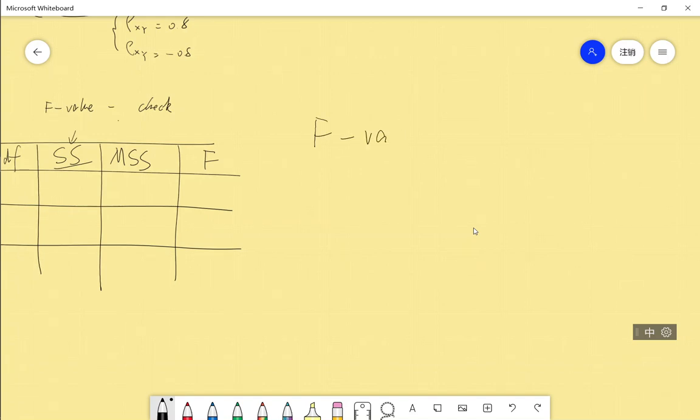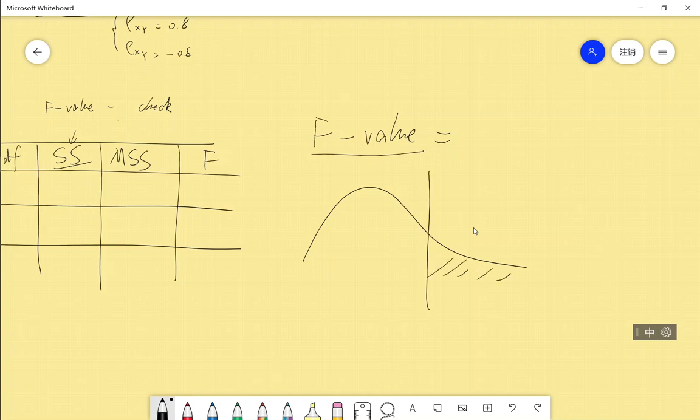One thing you need to remember is that the F distribution has just one tail. One tail means the value is really big, so you need to use the big number to divide by a small number. That's one trick for you to memorize.